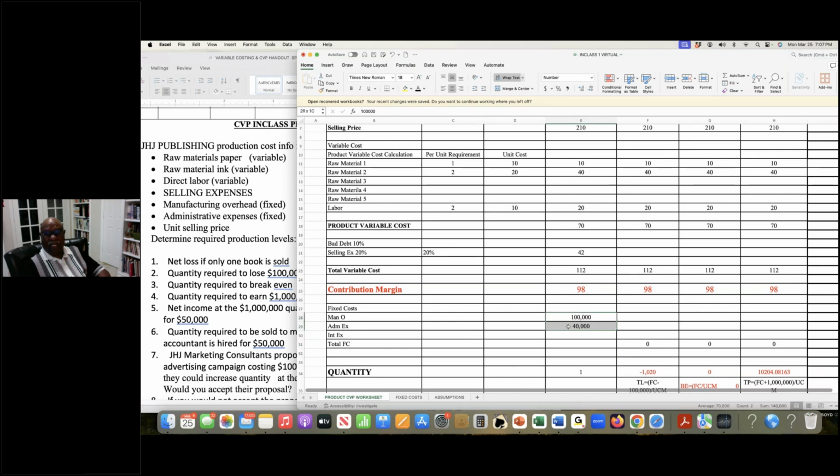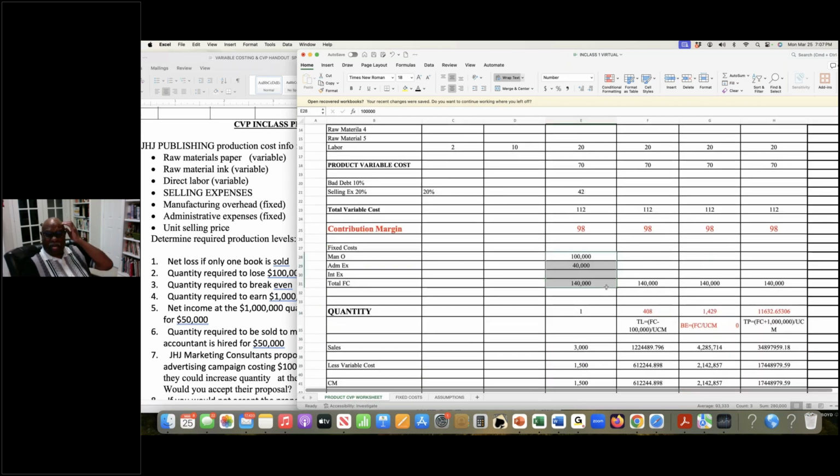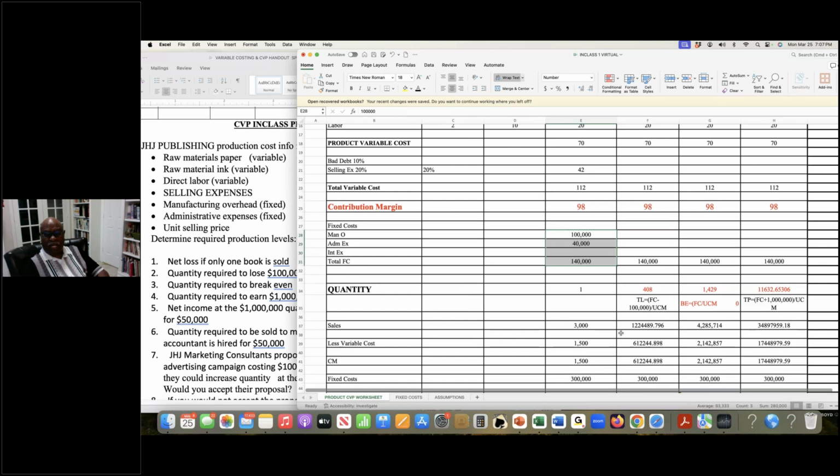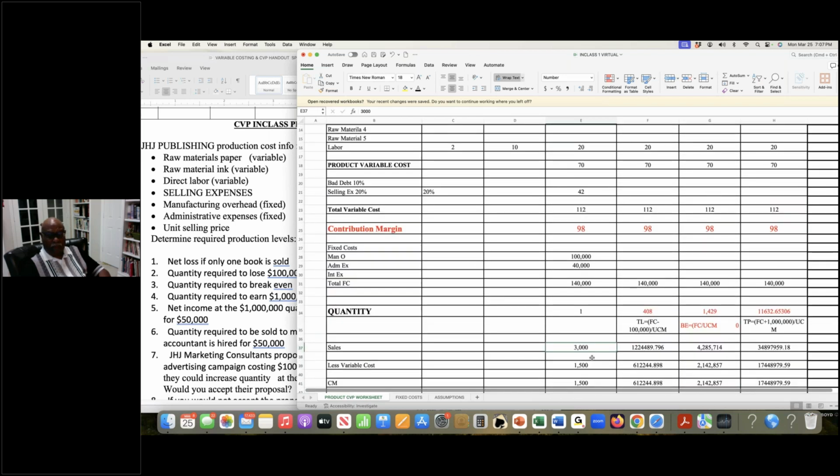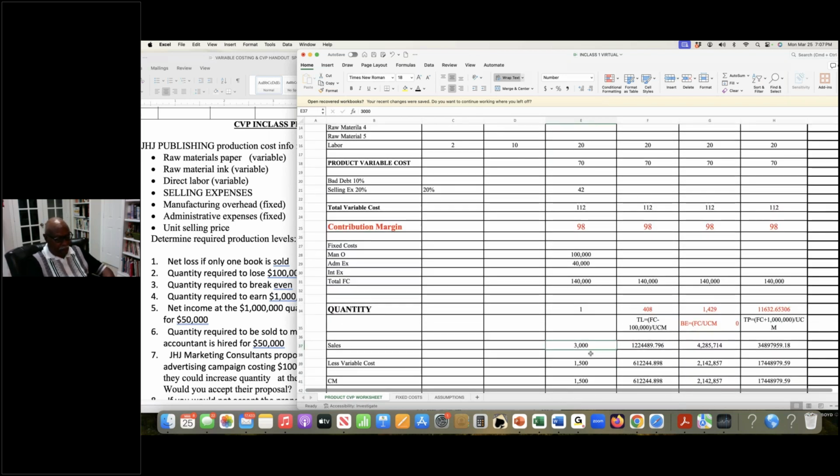So now add up my fixed costs. I get 140,000. And so if I sold just one, the selling price is going to be equal to 210 up here.